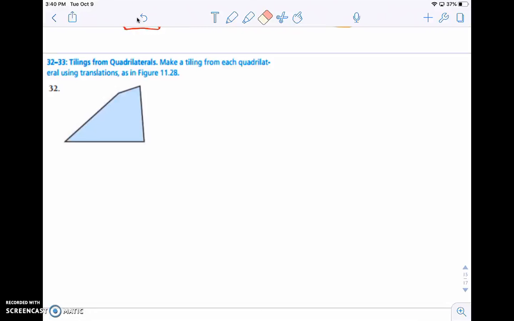Some of them work well, others it's not possible, and you'll just have to visualize that. You will not have to actually draw these things, because this is math, not drawing. So we're just looking at, can we cover a certain area with a shape using symmetry. So that ends 11B.